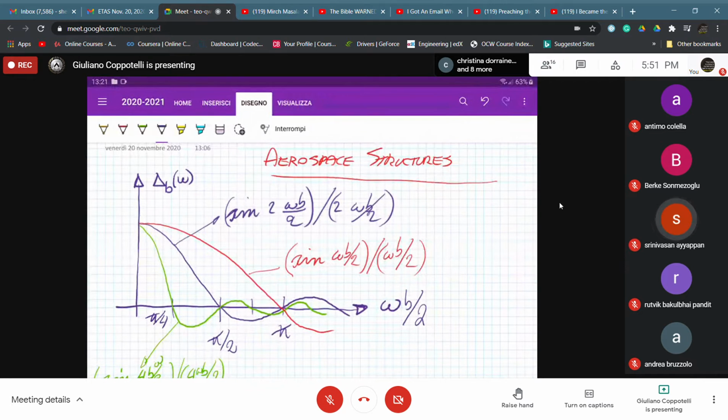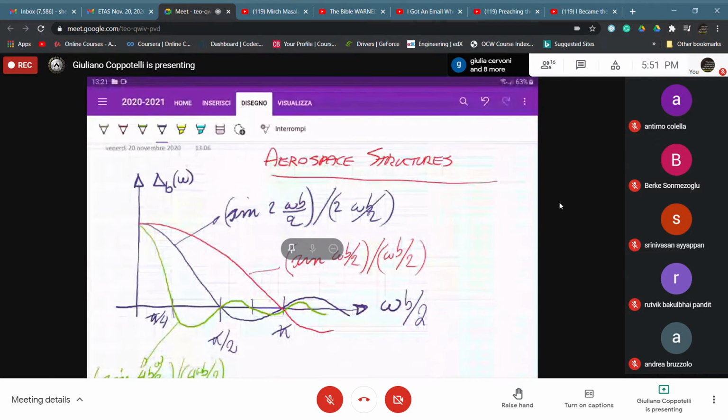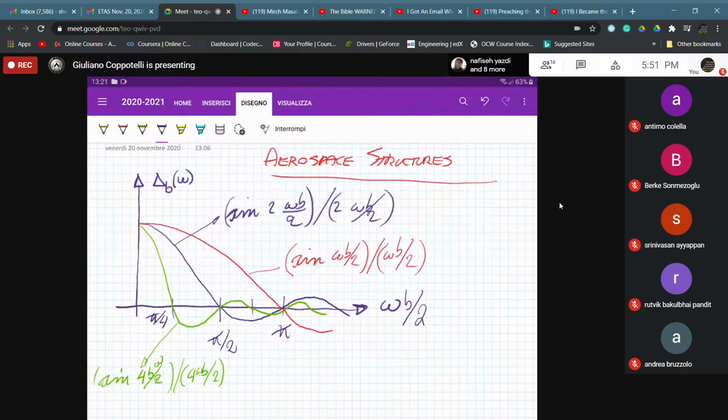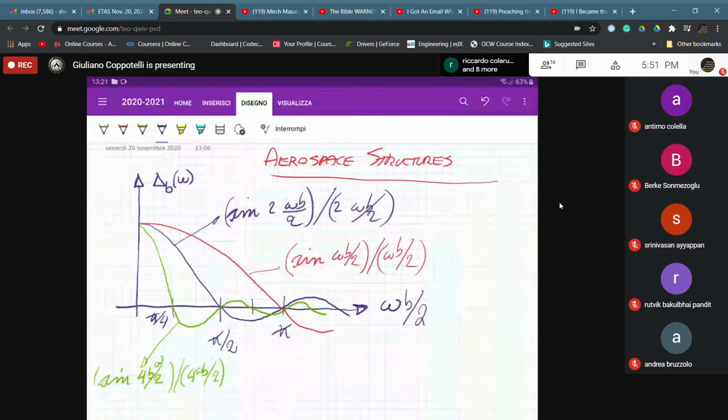Yes, Professor. Okay, so last Tuesday, we started analyzing different types of estimating methods. By estimating, we are referring, of course, to the system transfer function according to the different excitation types.